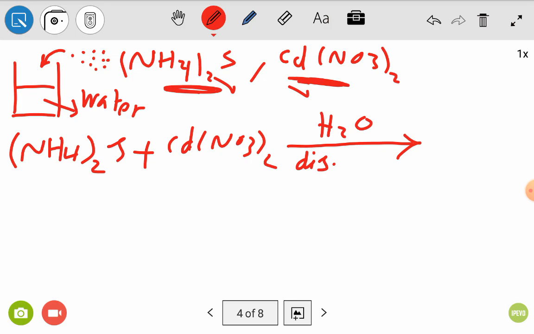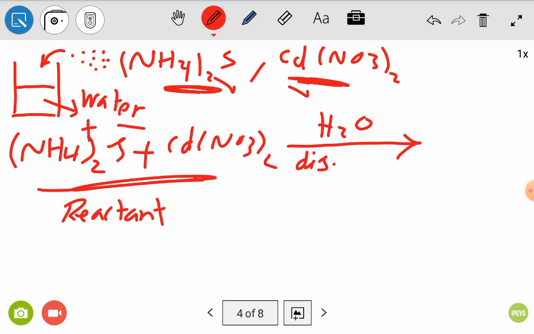That's of course the reactant, and what's going to be produced is a kind of chemical reaction, a double substitution reaction between the nitrate group and sulfur, cadmium element and ammonium group. Let's find out how exactly this happened.